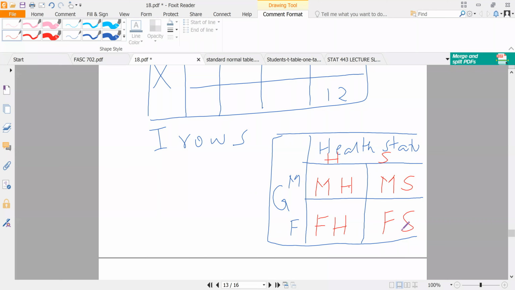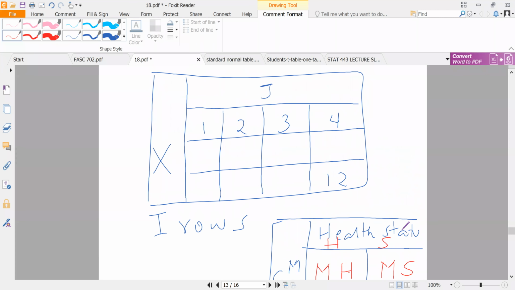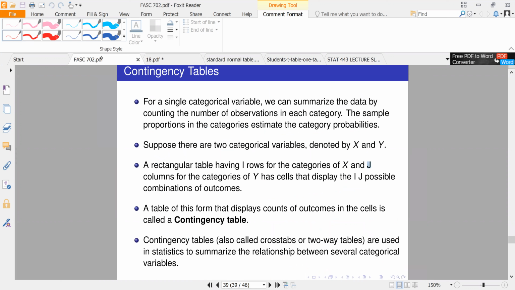Now, this is a simple illustration of a contingency table for two categorical variables. And we are saying that variable X will have I rows, and variable Y will have J columns. And the cells will consist of all possible combinations that can be a result of what you observe.